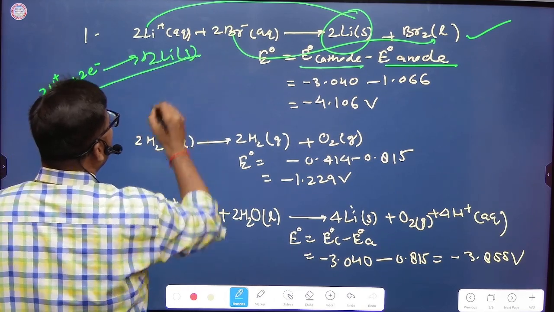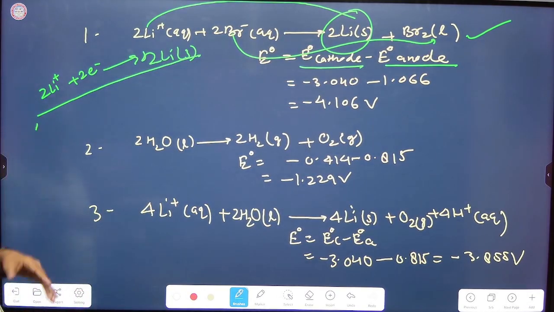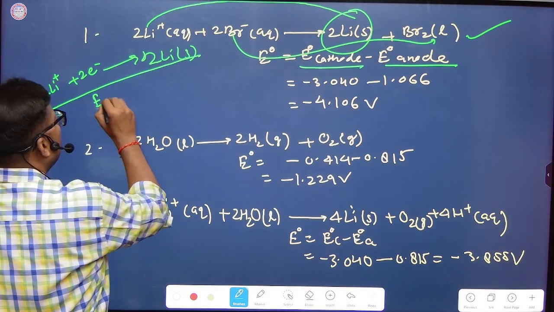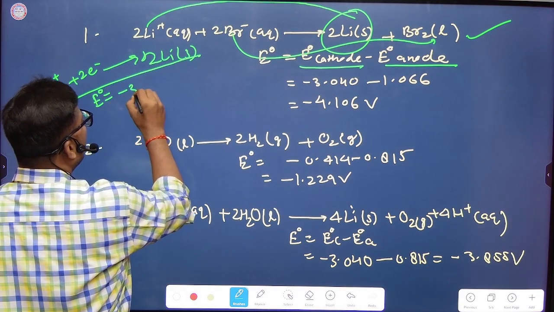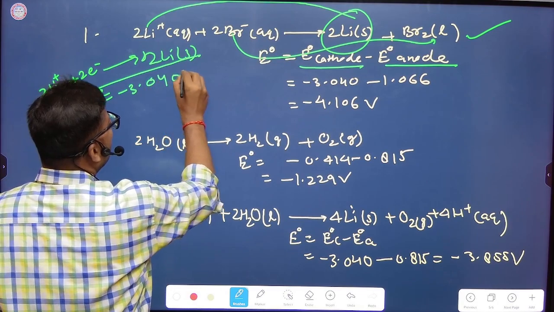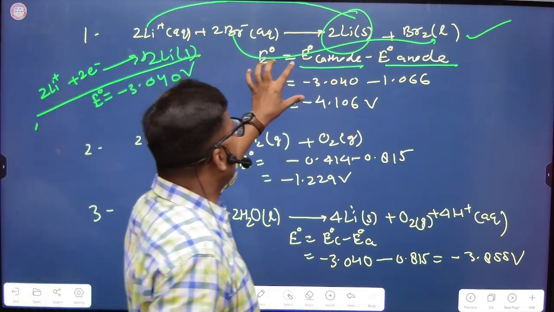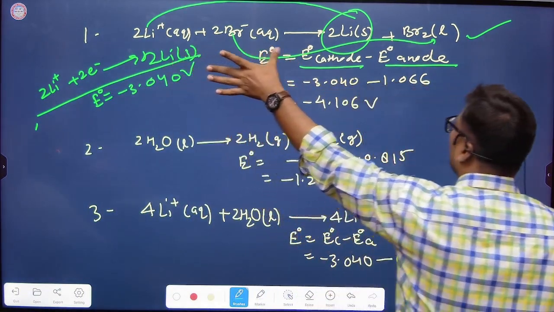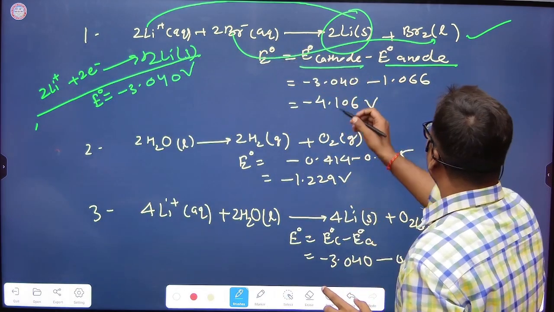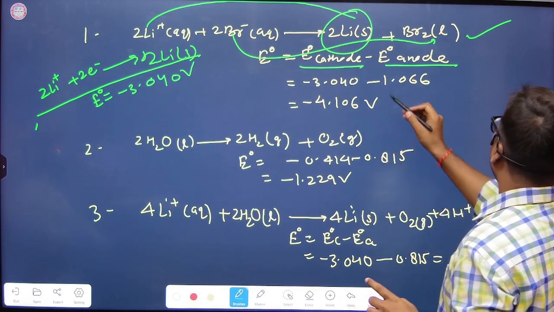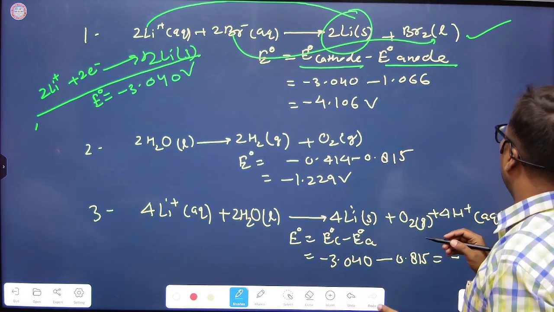It has a value E0 of minus 3.040 volt, right? So E0 cathode for the cathodic half cell reaction is minus 3.040, minus E0 anode, right?